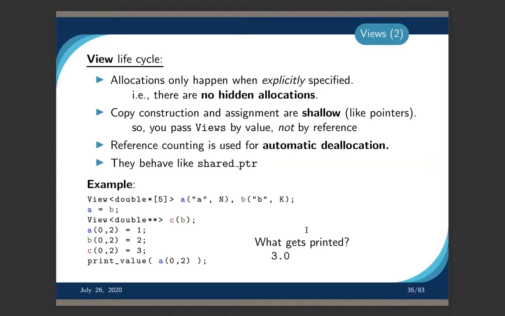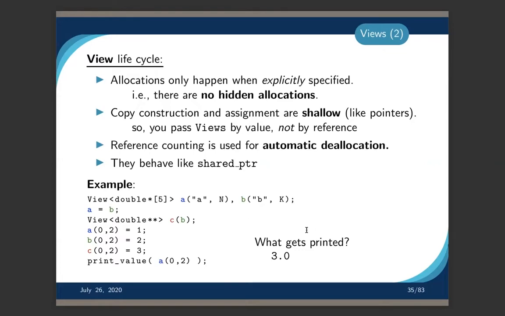In that first line, I'm getting two allocations of n by 5 and k by 5 length. But in the second line, I'm assigning B to A, which means A's allocation reference count is reduced to 0, so it gets deallocated. A is now pointing to the same allocation as B. In fact, if you were to ask A what its label is, it will tell you B, because the labels are associated with the allocations, not with the object itself. It also means A's length is going to be K now.